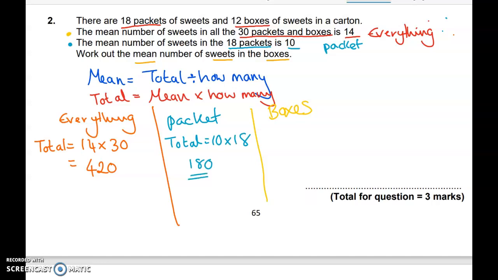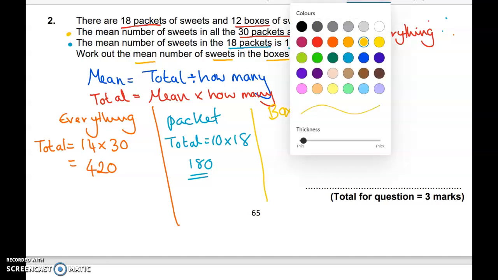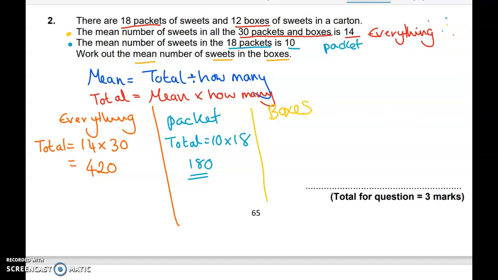What does 180 represent? It represents how many sweets there are in all of the packets added together. So we've now worked out our total for everything added together, and our total for just the packets added together.